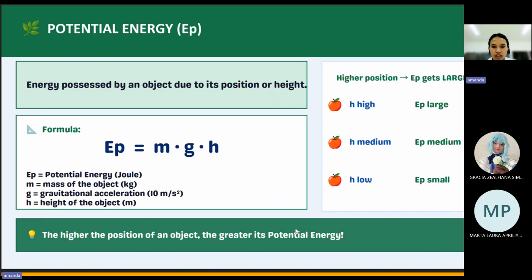Here, m stands for the mass of the object in kilograms, g is the gravitational acceleration, which we usually round to 10 meters per second squared, and h is the height in meters. Look at the diagram on this slide. As you can see, position matters. The higher the position of the object, the greater the potential energy. When the height is low, the energy potential is small. When the height is high, the energy potential becomes large.